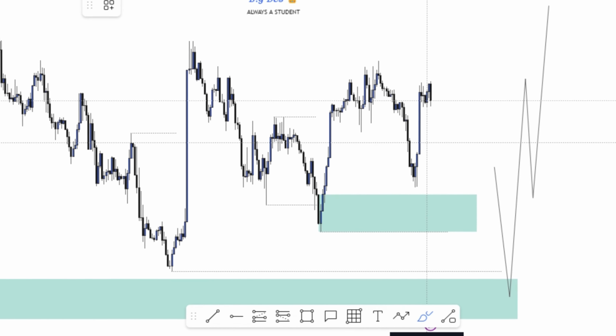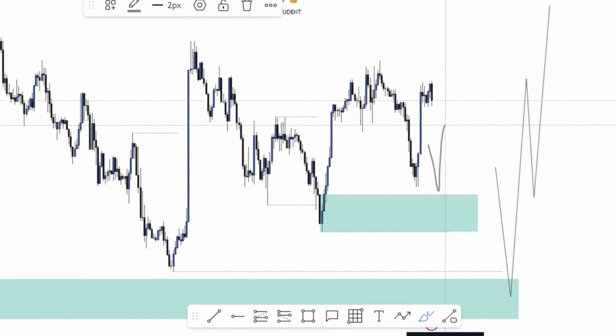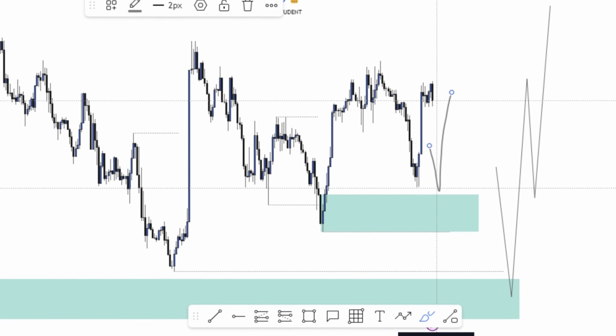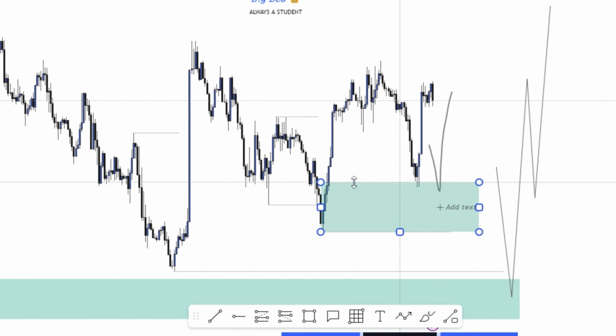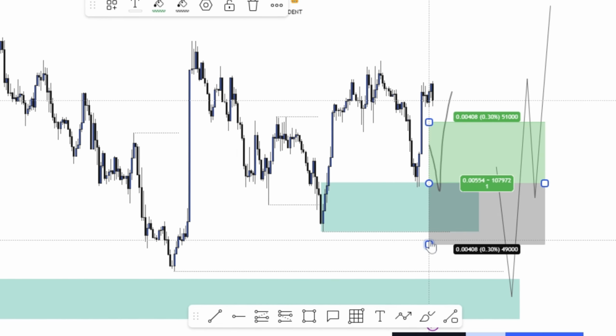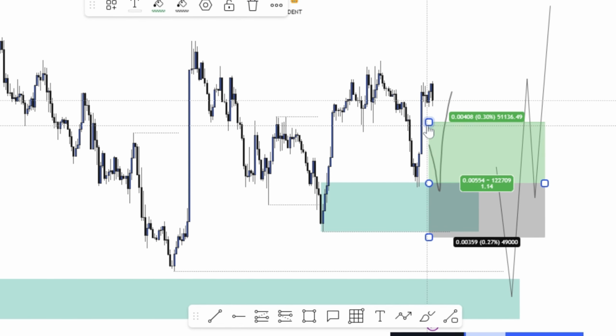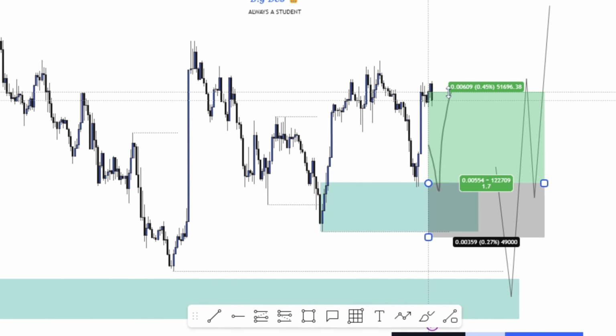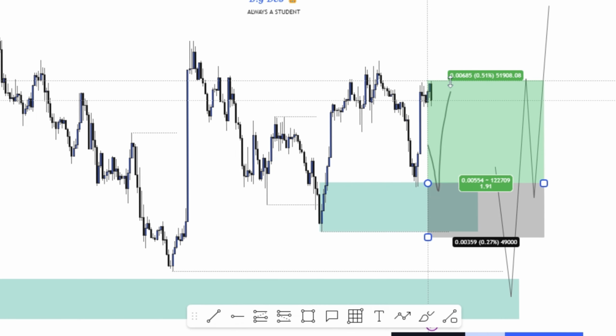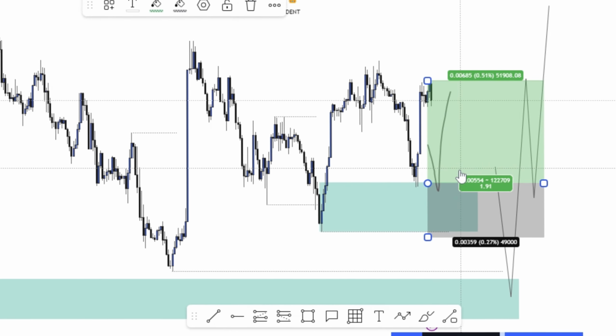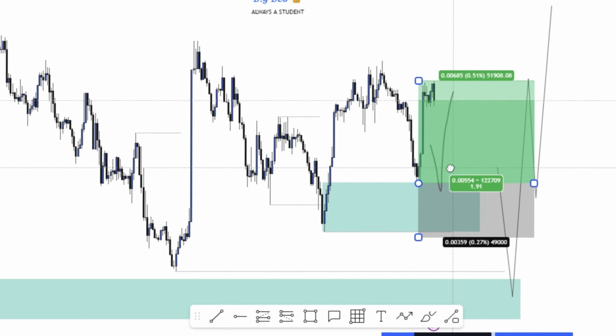Even if you had gotten in earlier, you still have a couple hours, roughly 1 hour, 1.7 hours, almost 2 hours, if your entry was precise enough.